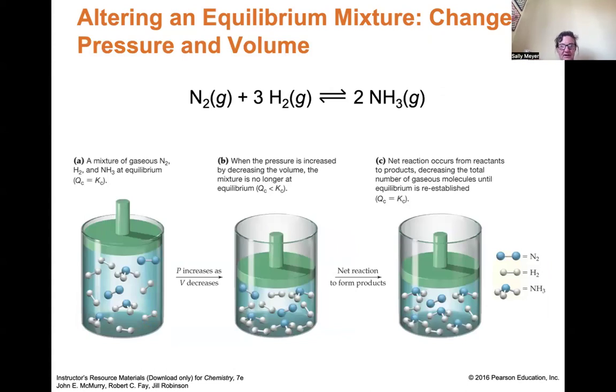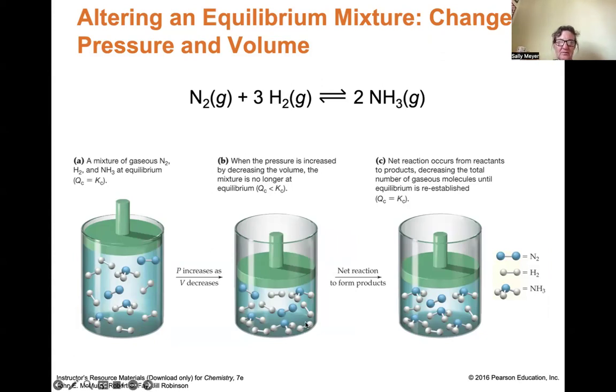Changes in the pressure and volume. If we have a mixture at equilibrium on the far left, and we increase the pressure, that means we decrease the volume. So they've pushed the piston down. The mixture is no longer at equilibrium, and the net reaction occurs from reactants to products, decreasing the number of molecules until equilibrium is reestablished.